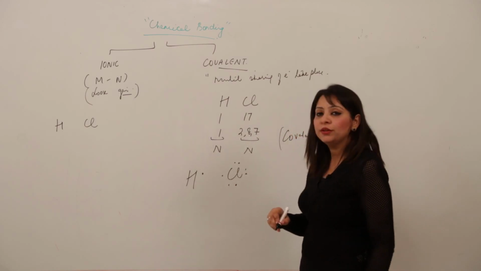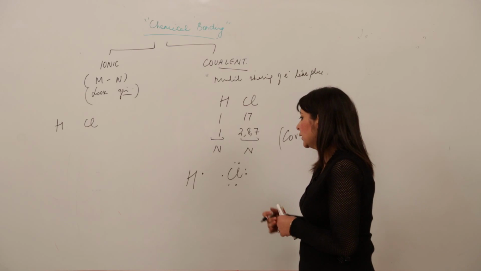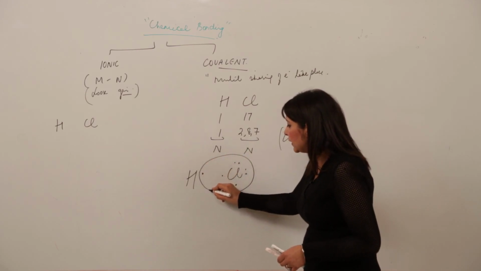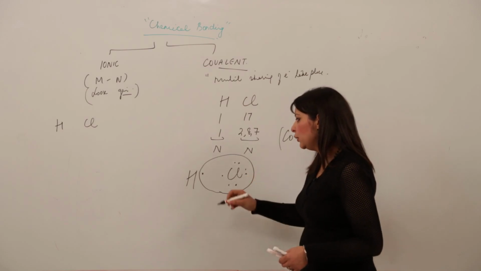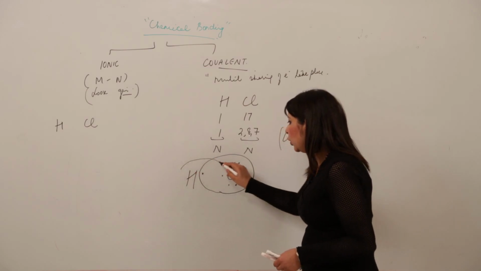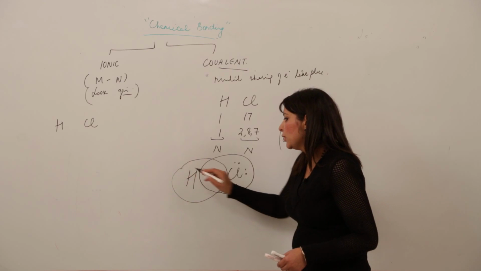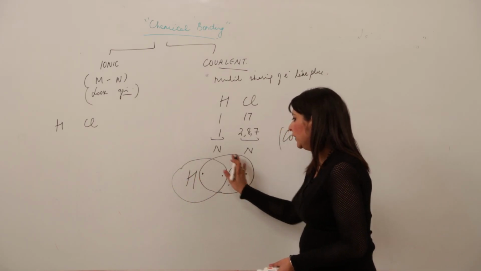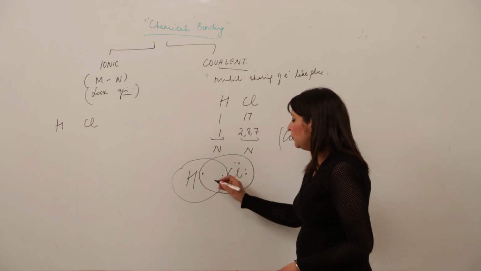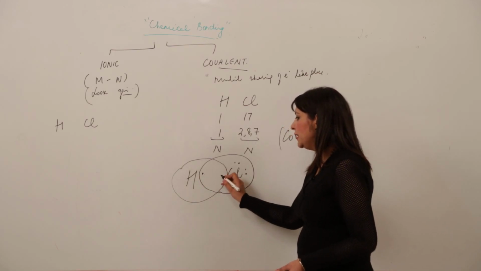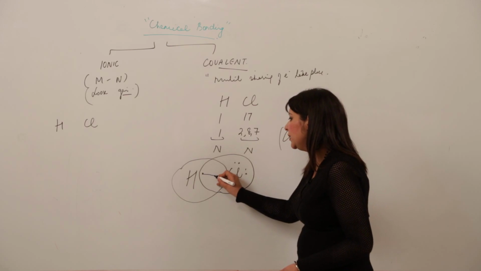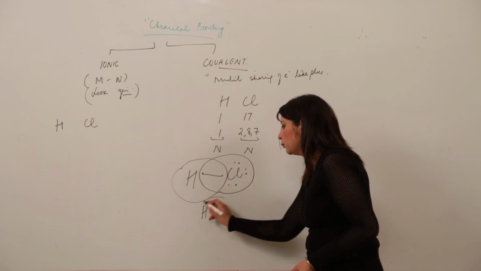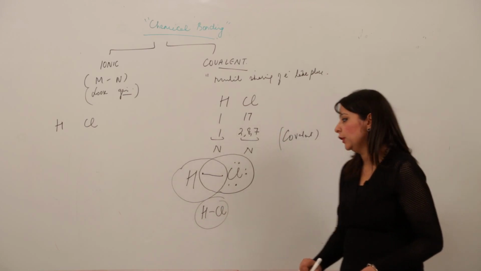So they will mutually share electrons: chlorine will share this hydrogen electron, and hydrogen also needs 1 electron, so it will also share its 1 electron. After doing it, hydrogen will complete its duplet and chlorine will complete its octet. So 1 electron and 1 electron are being shared, so there is 1 electron pair. So it is called a single covalent bond. This is how the bond is formed.